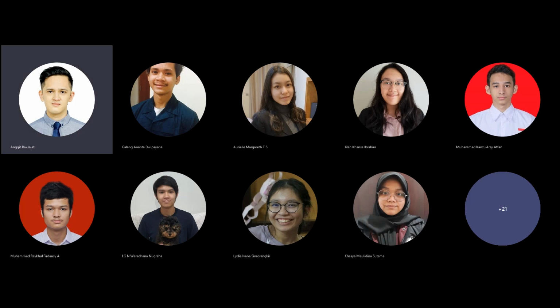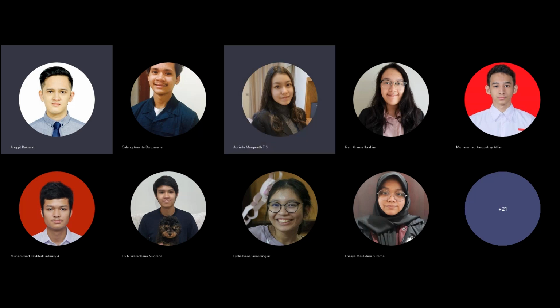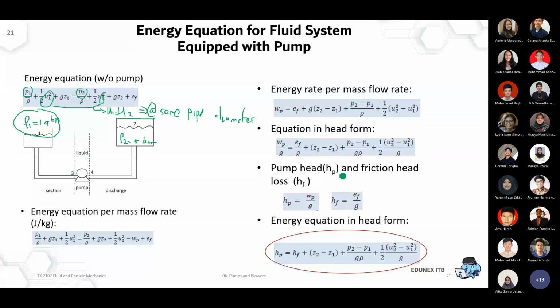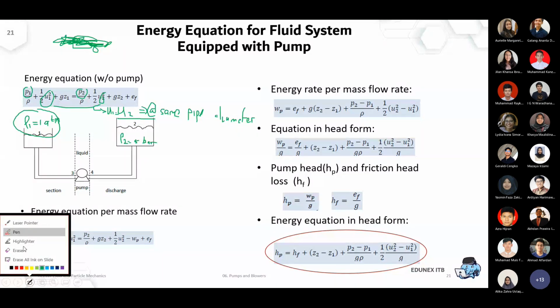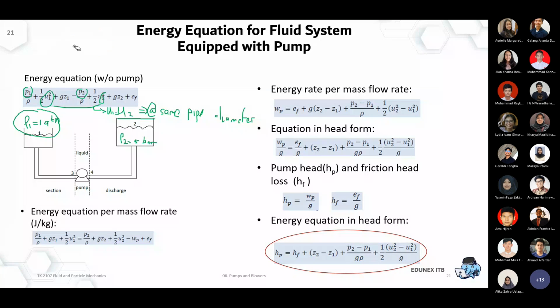Can you see slide 21? Yes, sir. And then I wrote some scribble at the top left. Let me continue. The problem is in my Wi-Fi.